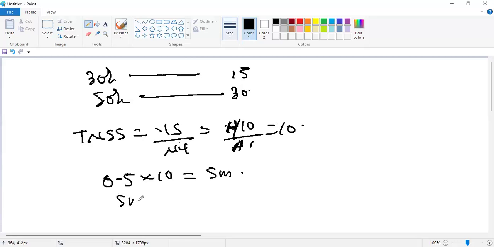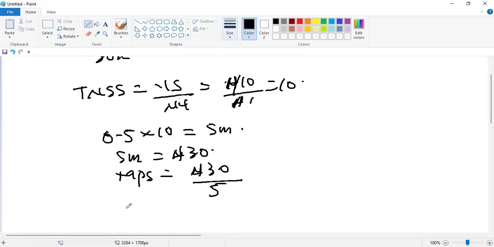Let's say 5 million shares equals 30 million. How much is each share? The market price per share will be 30 million divided by 5 million, which is 6 naira.